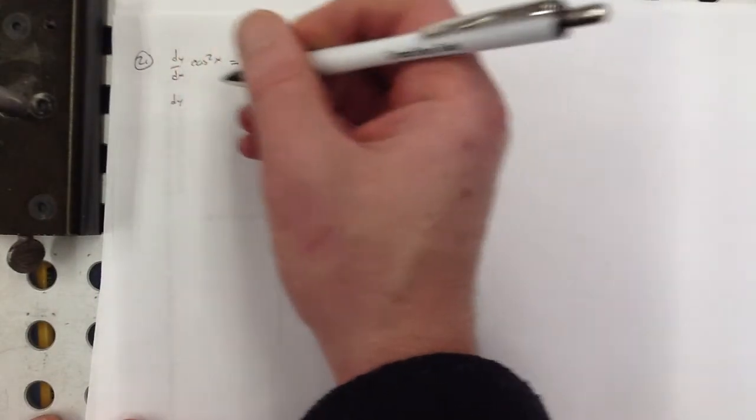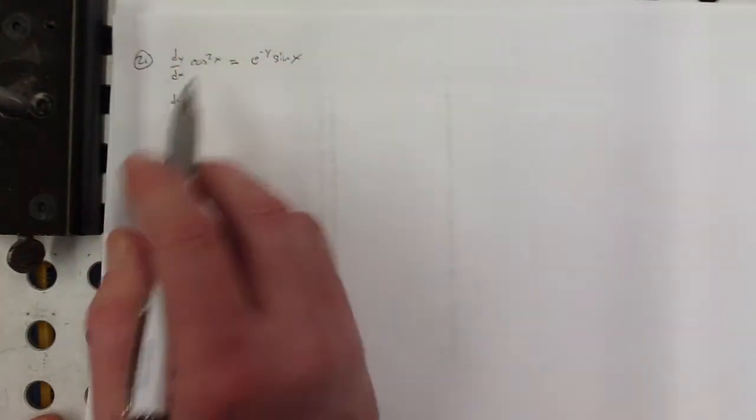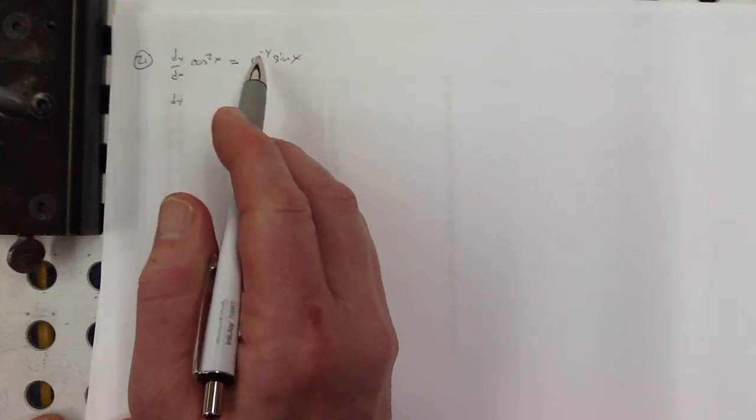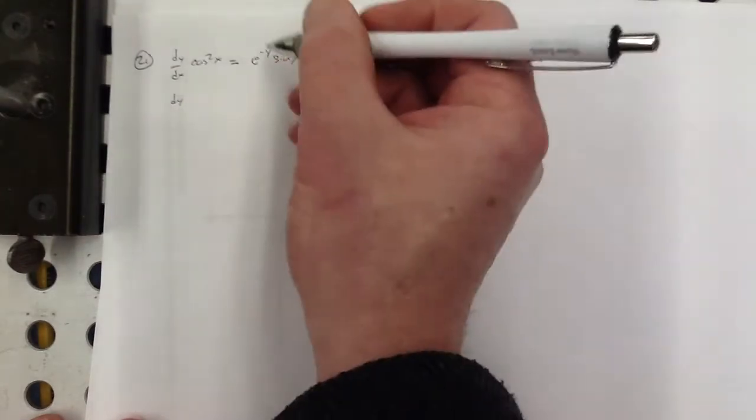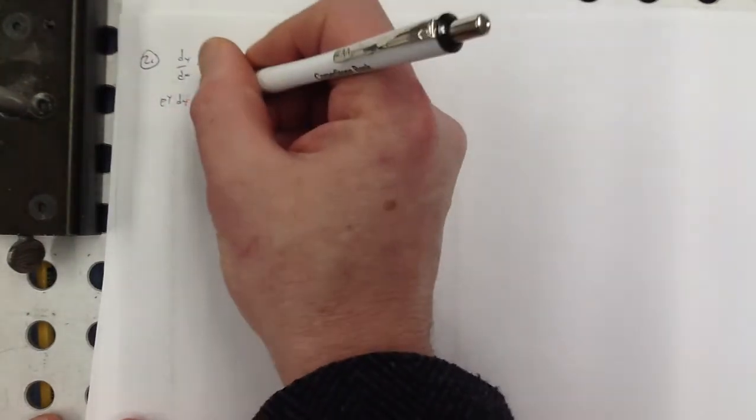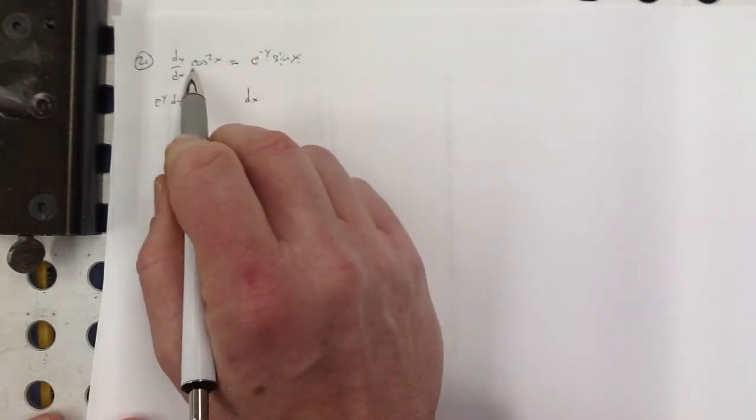And then what's on the side with the dy, I need to move this over to that side. Of course, this is really 1 over e to the y, so when I move that to the other side, it just turns into e to the y. And then on the other side, the dx, I have sine x over cosine squared x.